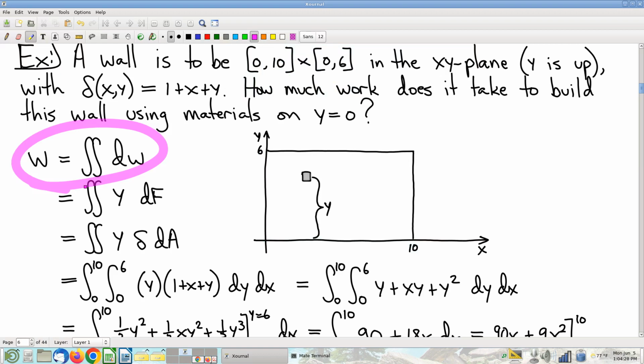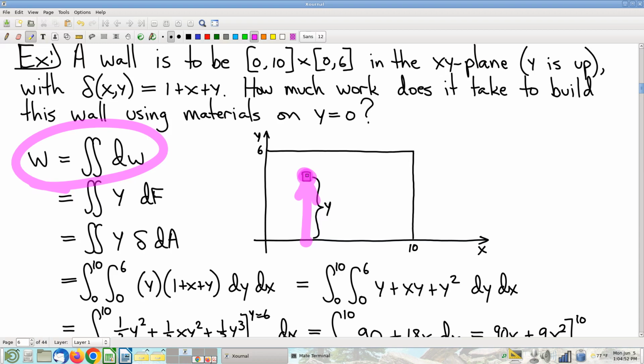That's all this, what I have circled in purple there, says. That the total amount of work is the sum of the amounts of work contained in each little micro task. The micro task being, for example, there's a stone down here that's going to have to get lifted up and put into that position on the wall right there. At some point, somebody's going to have to do that task.